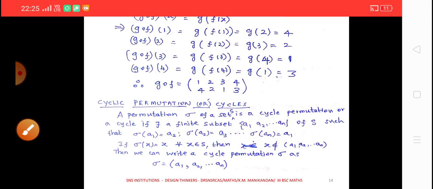So next we define cyclic permutations or cycles. A permutation sigma of a set S is a cycle permutation, or a cycle, if there exists a finite subset a1, a2, a3, ..., an of S such that sigma of a1 equals a2, sigma of a2 equals a3, and sigma of an equals a1. That is, the image of the last element is the first element.